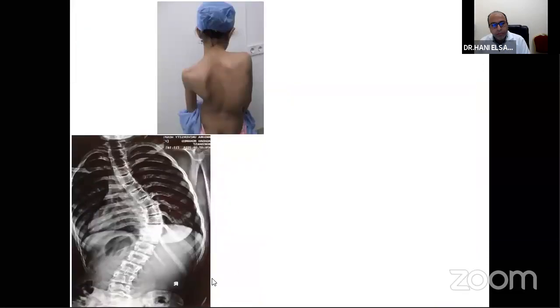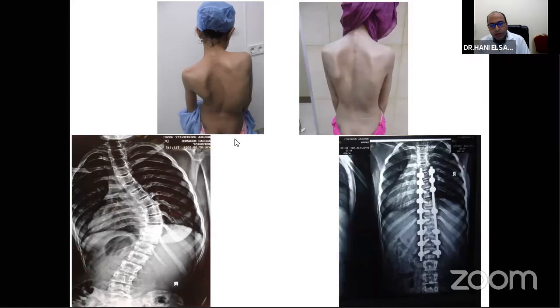This is another case with a right thoracic curve. We notice that this right shoulder is higher than the left, and there is a rib hump deformity. This is after the correction. The shoulder is leveled, the rib hump is decreased more or less, and the waistline is leveled, with this nice correction.